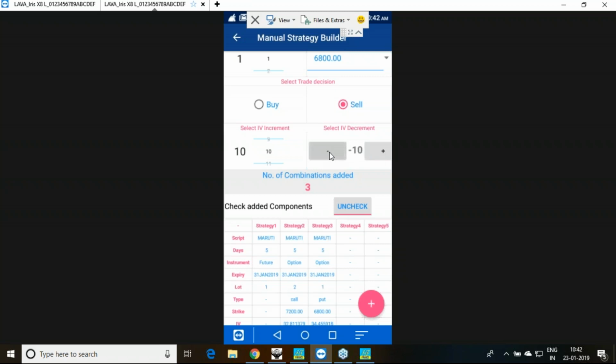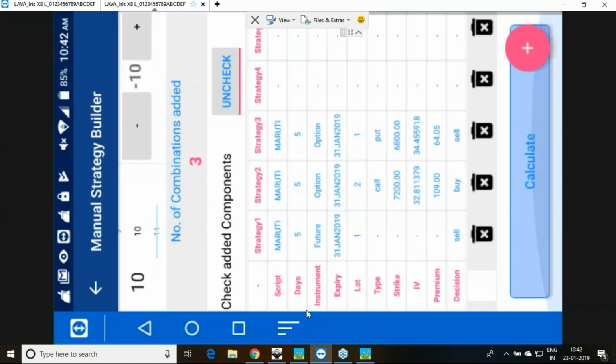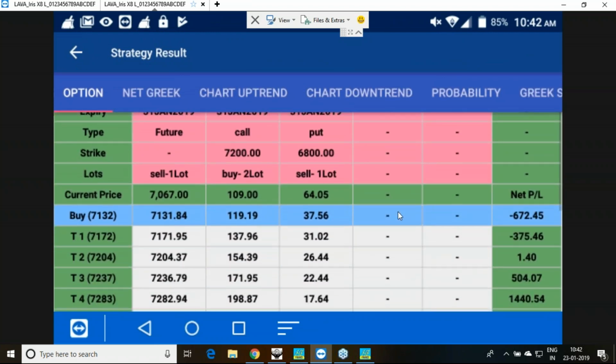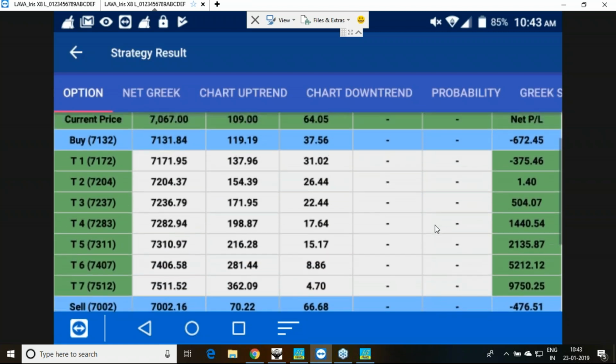I am adding this factor too. Then I will go for the calculation. So I am getting 3 parameters here now, with incremented IV and with decremented IV, on the different price movements. So here it is with the incremented IV and the decremented IV. 3 things I am getting here.